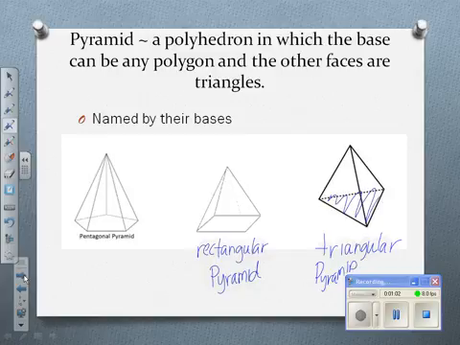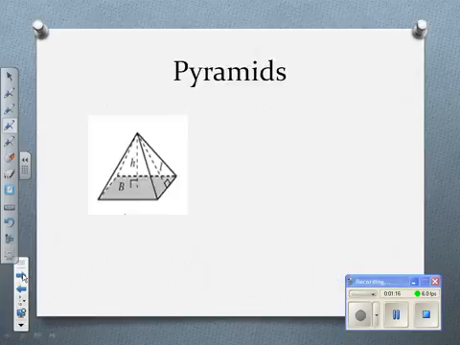Okay. The triangles are the faces, and where they come together are the vertices. So this is our vertex. So here is a pyramid.